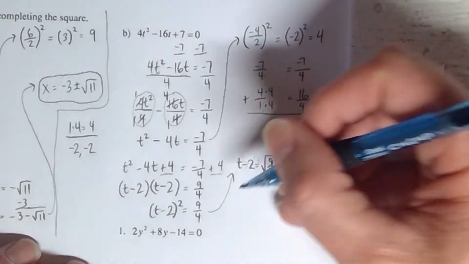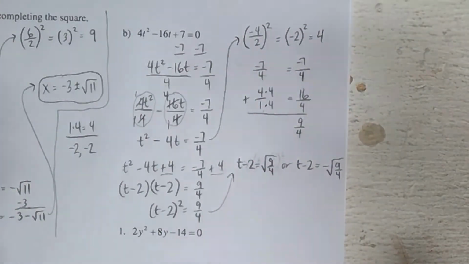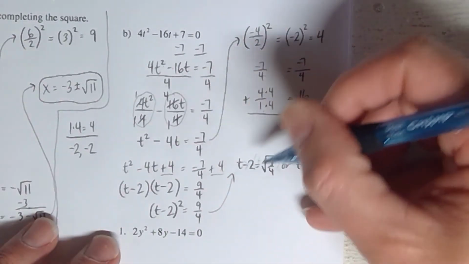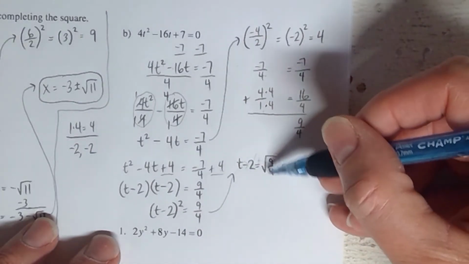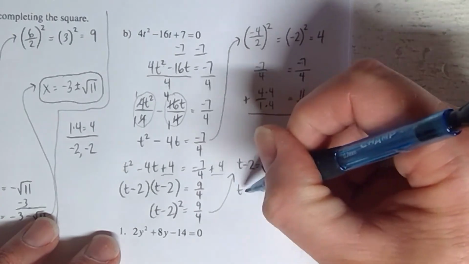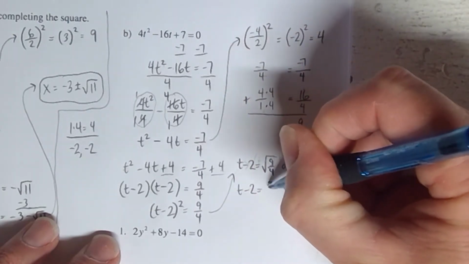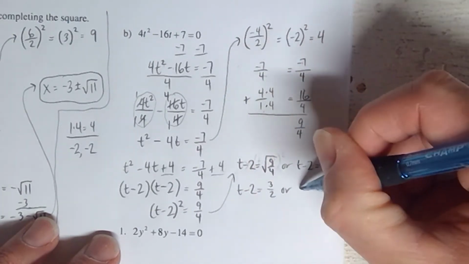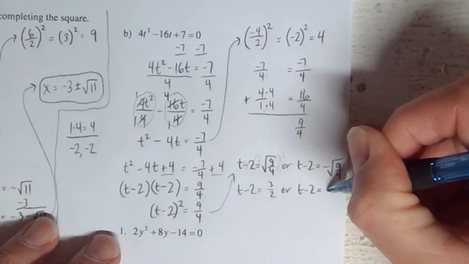The radical won't be there anymore, so you'll be able to combine the 2 with whatever's left over here. So what is that radical equal to? Isn't that equal to 3/2? So we have 3/2 and we have negative 3/2.